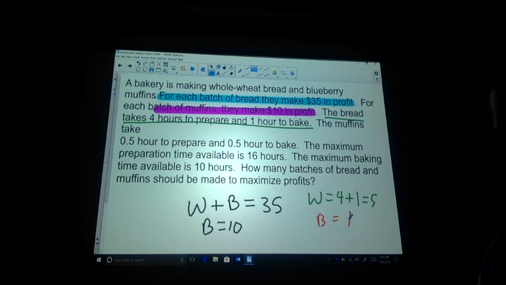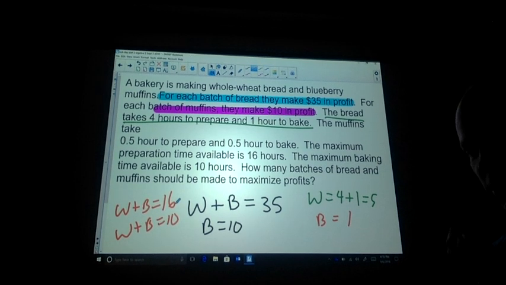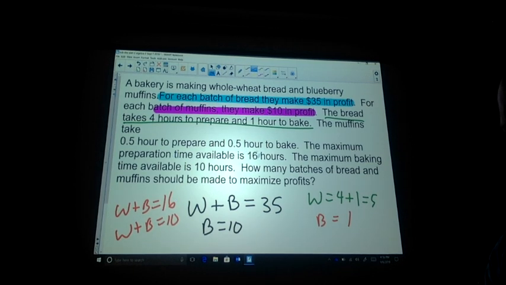And you have a maximum preparation time of 16 hours. So between the two, the maximum baking time is 10 hours. So between these, you have the exact same equation. You have maximum preparation of 16 hours, maximum baking time of 10 hours.